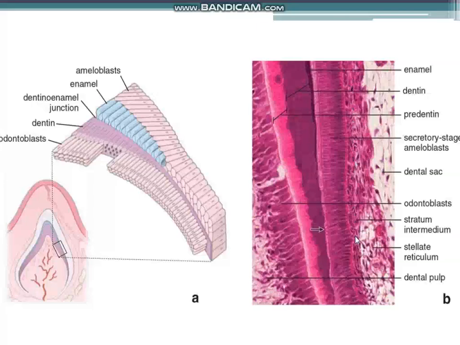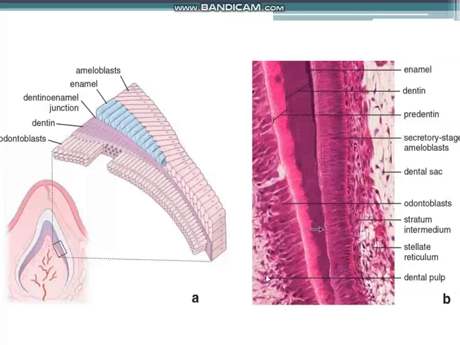Then we can distinguish here the ameloblast cells, pay attention, ameloblasts, which are in the secretory state, that is written here. You can see ameloblast cells. Then here will be enamellum that is produced by these ameloblasts, that is a result of the secretory activity of ameloblasts.